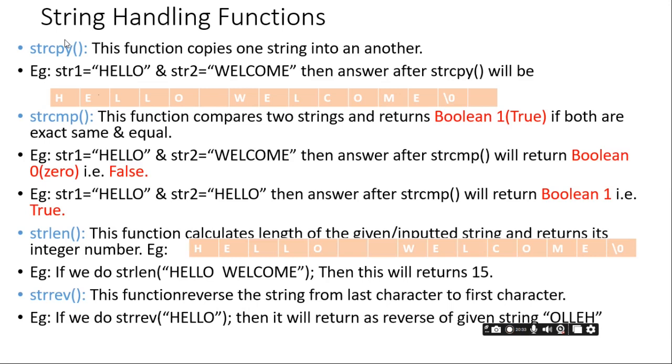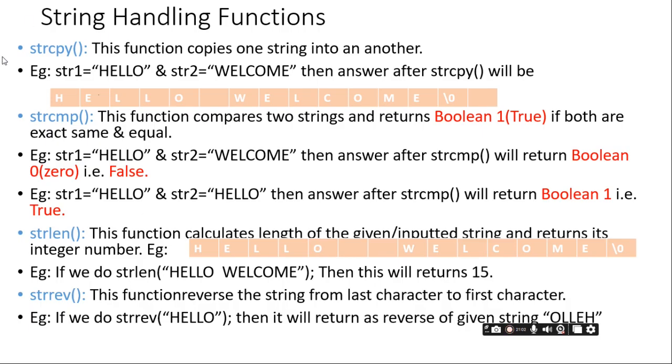Almost 99% of string handling functions which are predefined or inbuilt or ready made to use start with the letters str. So once we are using str, then we have to understand that these are ready-made functions and we have to include the string.h header file in the starting of the C program.